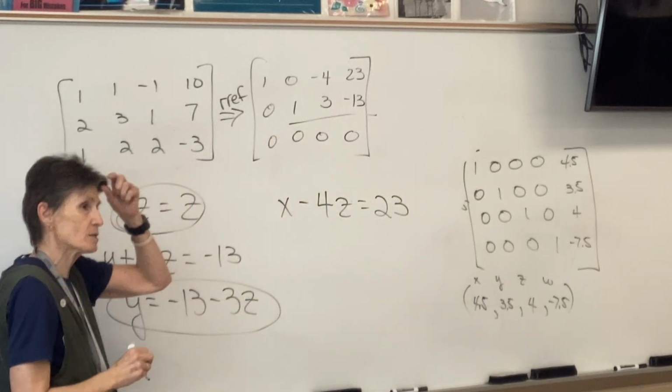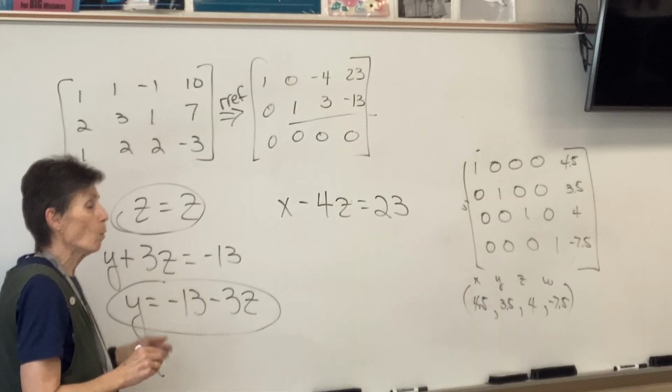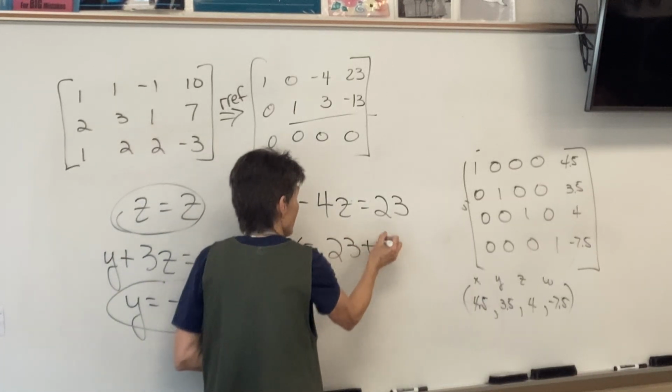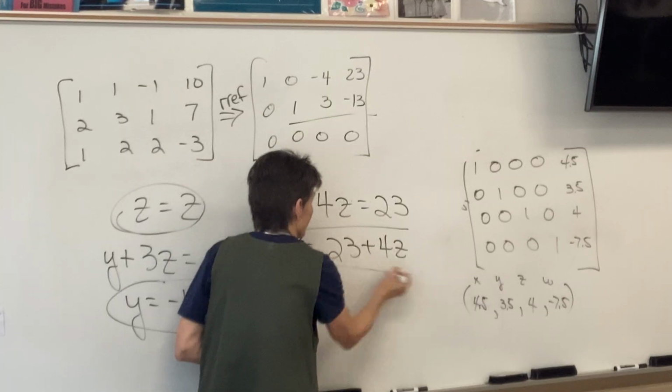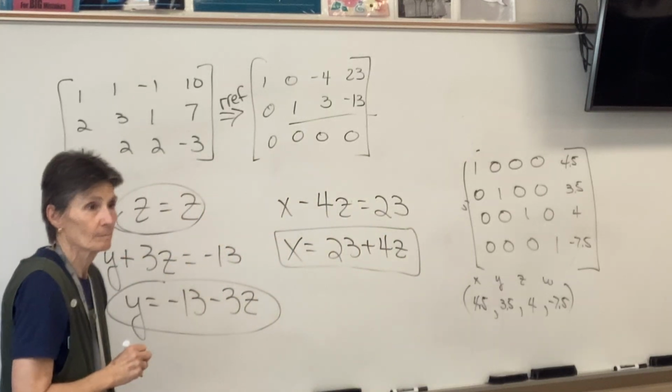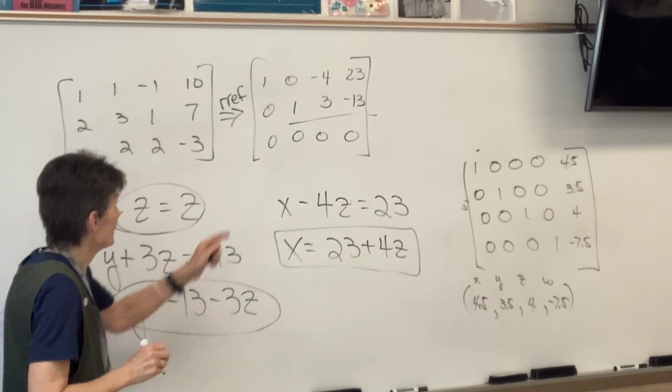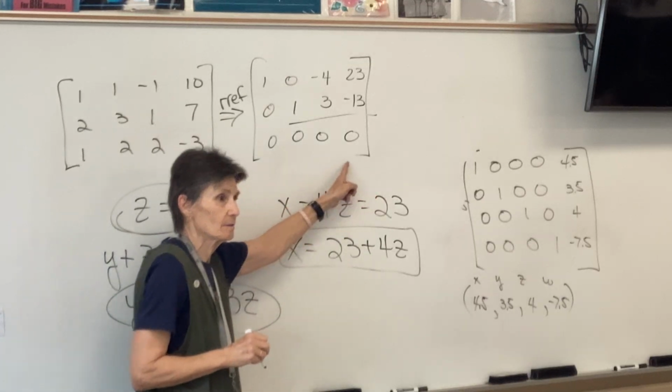That's what the top equation says. So what is x? 23 plus 4z? Now why did this happen? Because the bottom row disappeared.